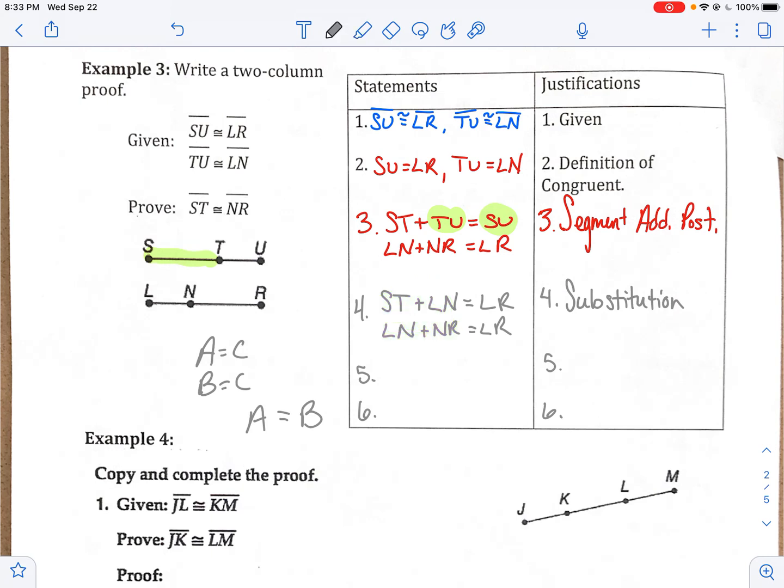So what I can do is substitute in ST plus LN equals LN plus NR. I ran out of room. I was able to substitute this stuff for LR, or you could think of it as substituting this in for LR here.